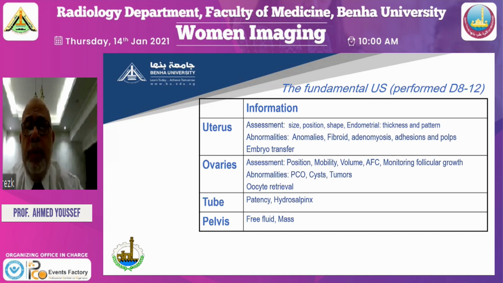And usually we use the fundamental use of ultrasound mostly from day 8 to day 12, but I can also use it very early in the menstrual cycle to assess whether the ovaries are accessible before the IVF and for the antral follicle count.